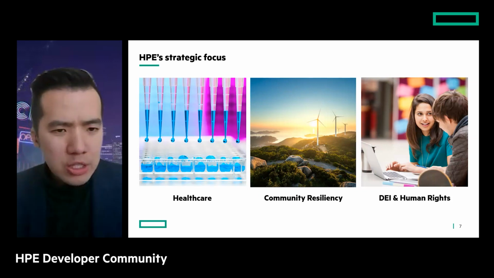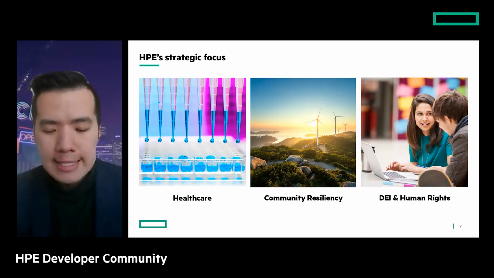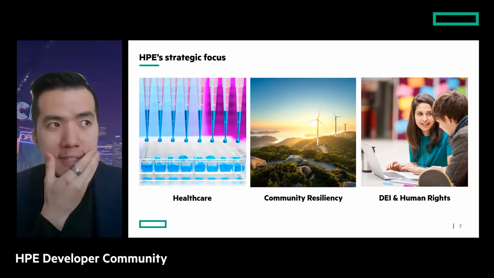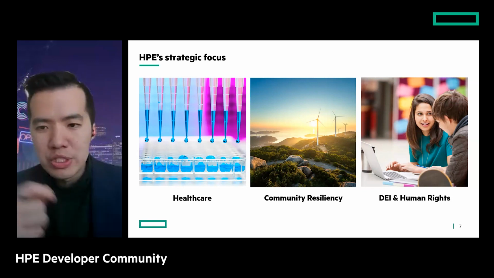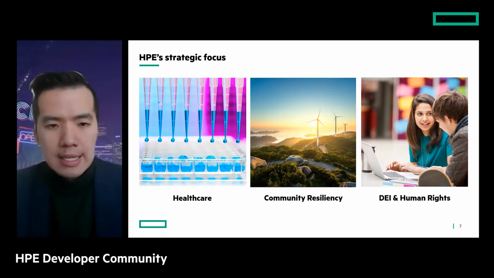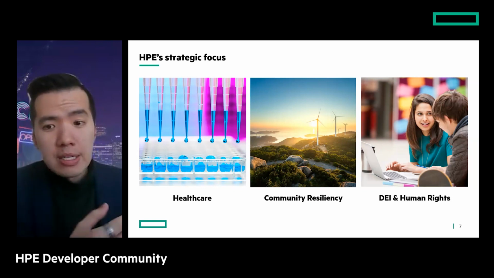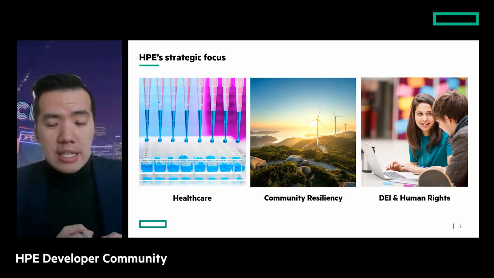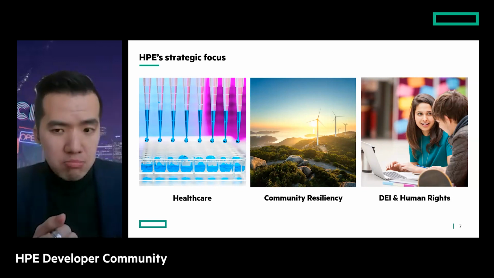I talked about technology being a boon or a bane. Maybe to give a specific example, before we jump into a couple of use cases. Say in healthcare, technology has an incredible potential to drive great health outcomes, right?